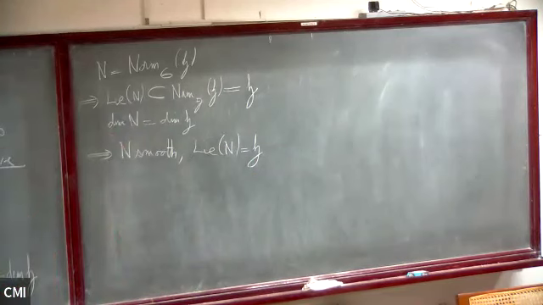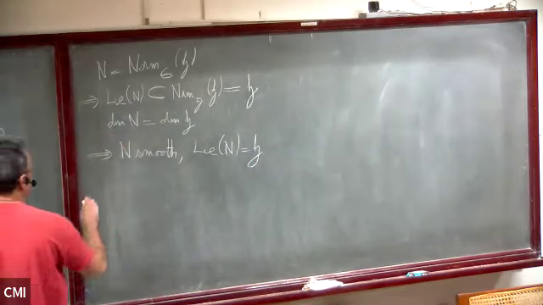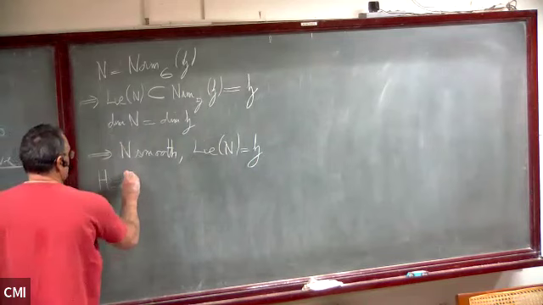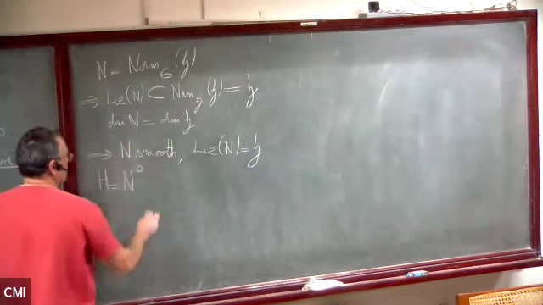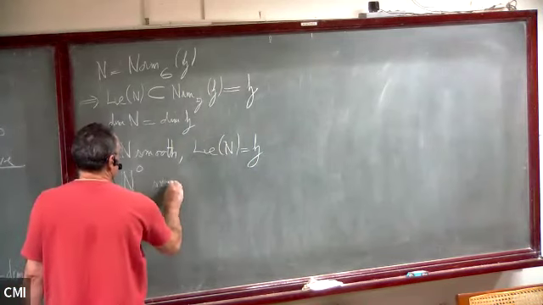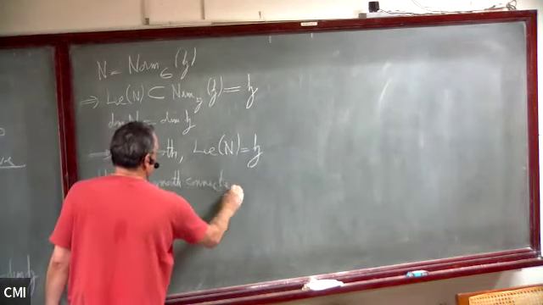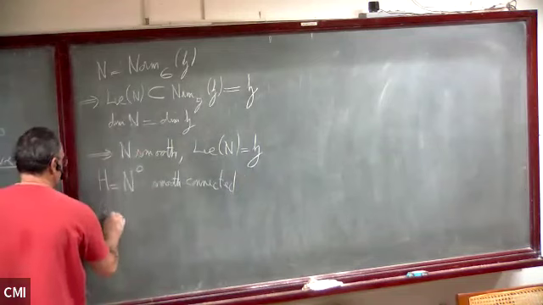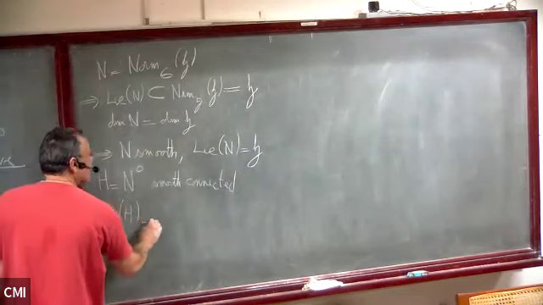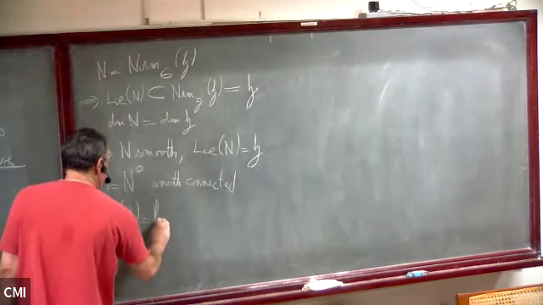And now of course we take H to be the connected component. So this one is smooth, connected, and Lie of H is equal to h.